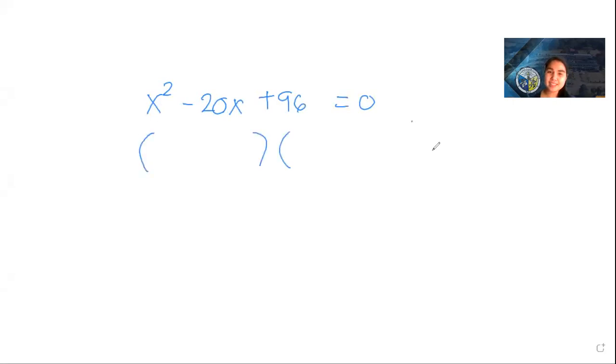In the chat box, tell me what are the factors? What are the factors?